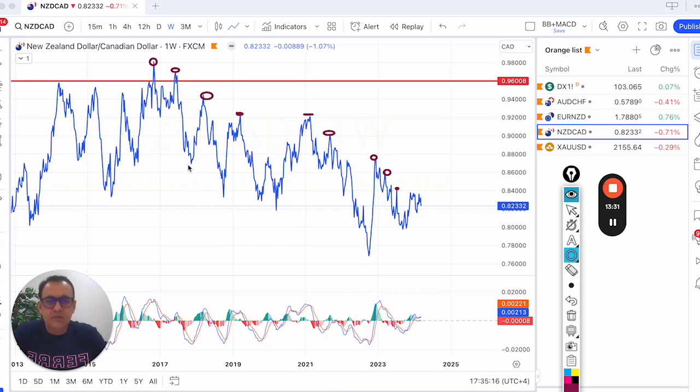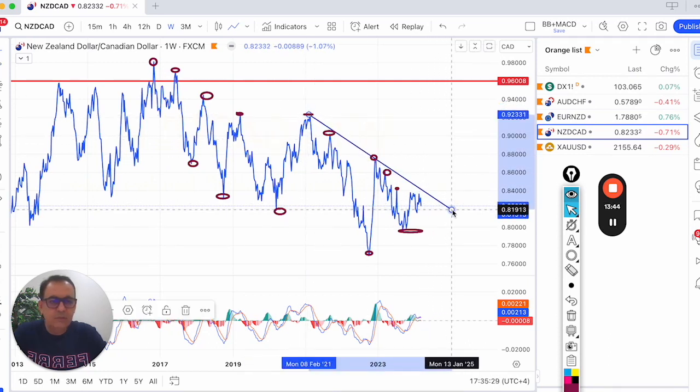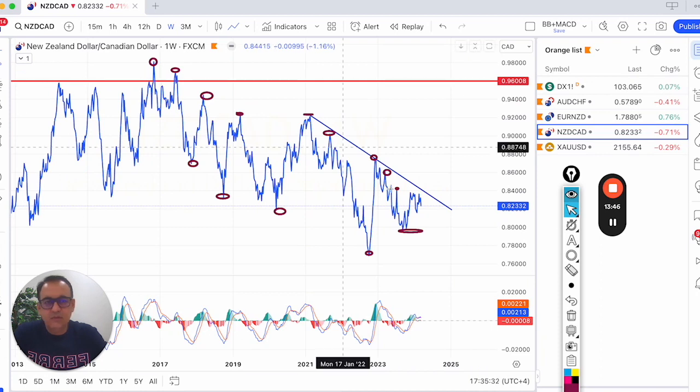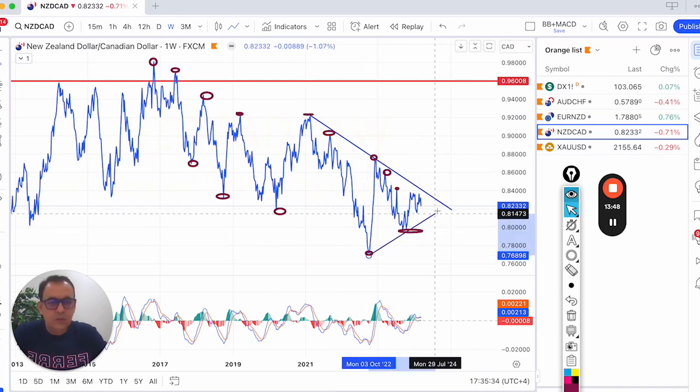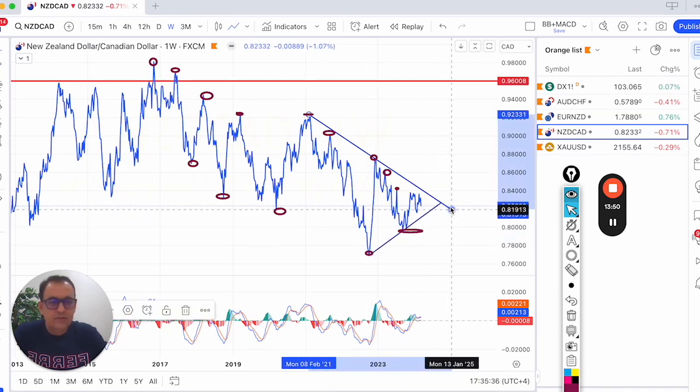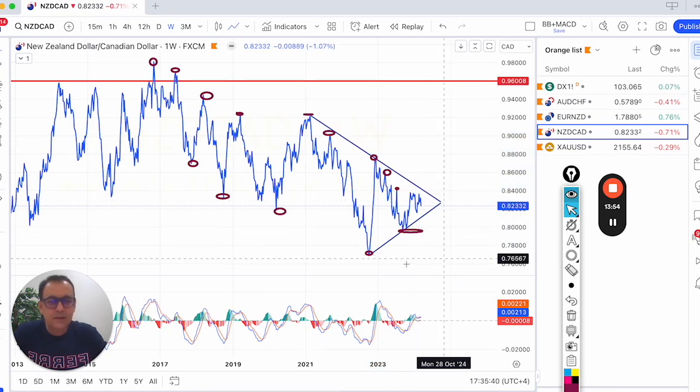At the same time, we have a sequence of lows here and higher lows here. So we are locked in a triangular pattern. So we have lower high sequence coming from the top. At the same time, we have higher low being formed here. So the price is consolidating. It's locked inside this triangular pattern.